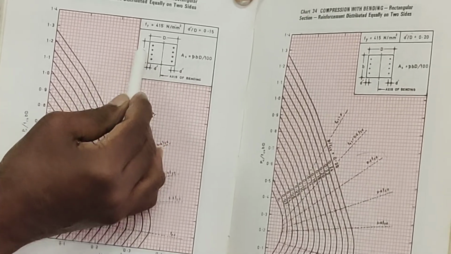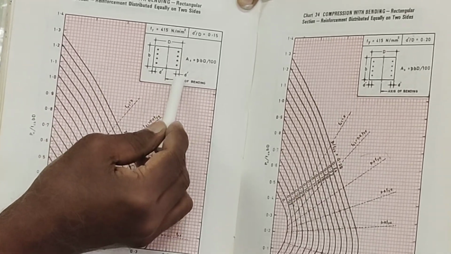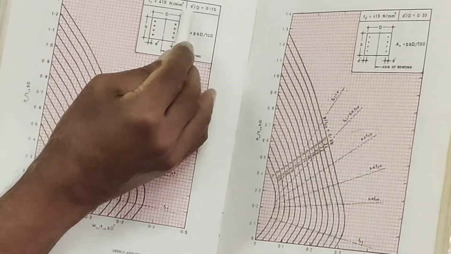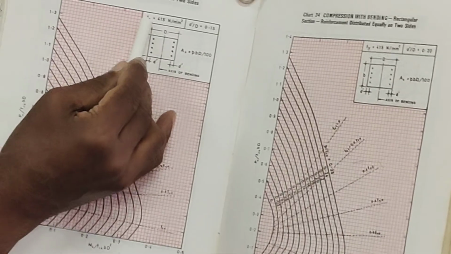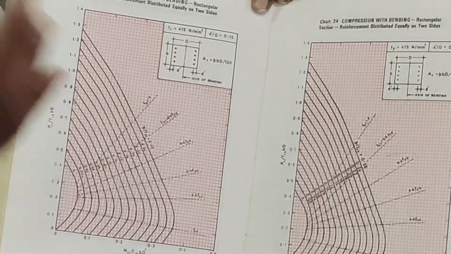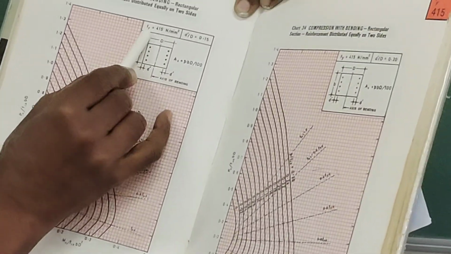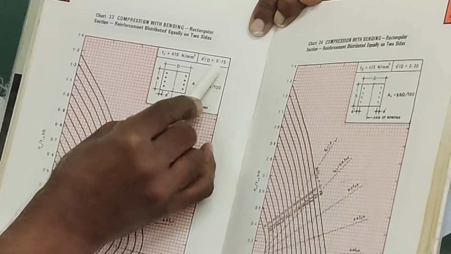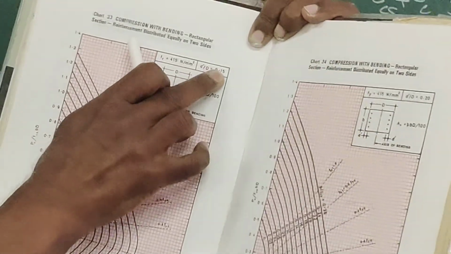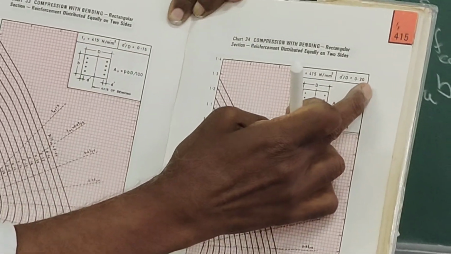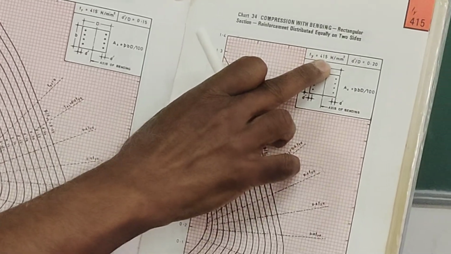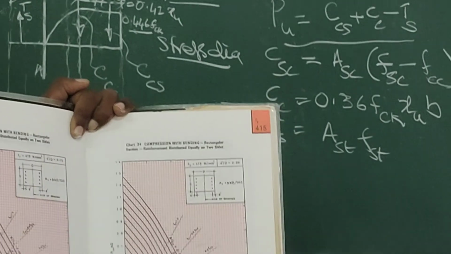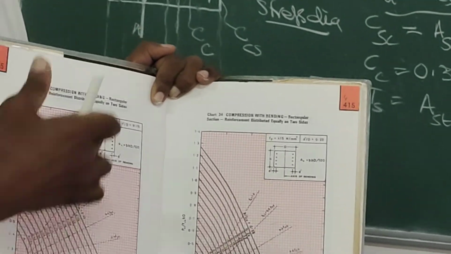It is the arrangement of steel, placed parallel to two edges, corresponding to some d dash, some effective cover. That's also mentioned. Here we can use four types of steel, and that's also mentioned here. This is for Fe 415 grade, d dash by D equal to 0.15. Similarly, for d dash by D ratios of 0.05, 0.1, 0.15, 0.2.